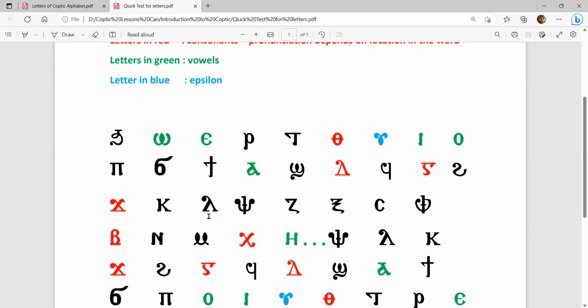Then comes the lavla. It's pronounced like the L in little. The one I'm pointing at is the epsi.